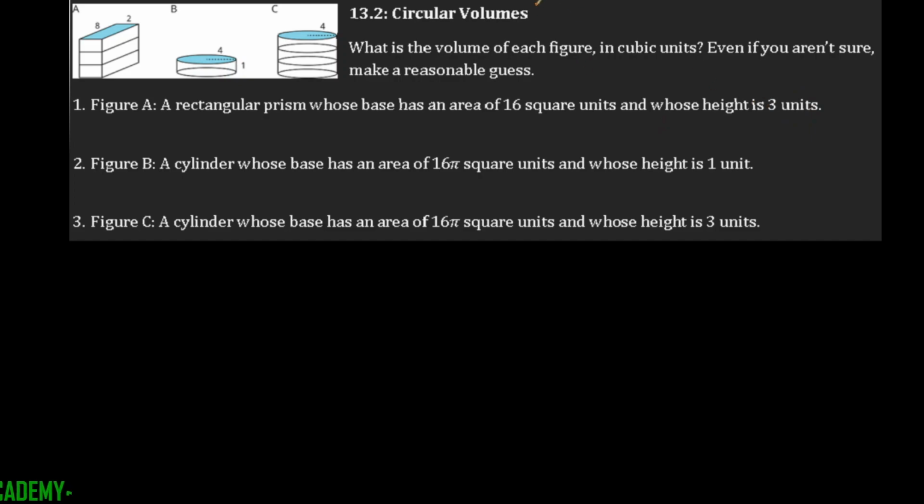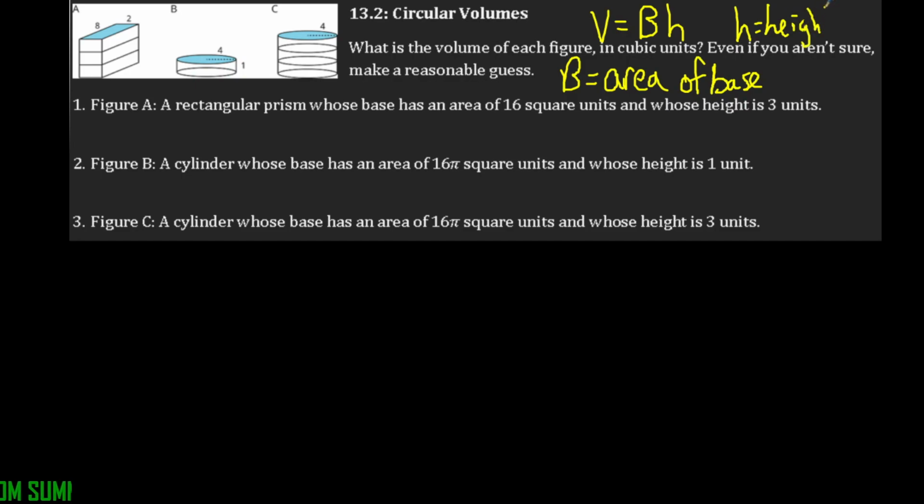Anytime I think of the volume of something, it's going to be the area of the base times the height. So the area of the base is going to be that big B, that capital B, and H is going to be height. And this is going to be volume.